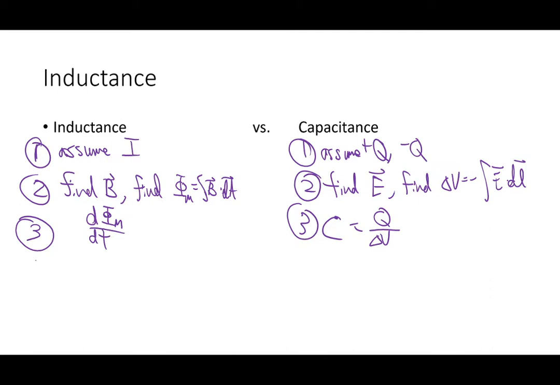And then finally, to get L, we relate the resulting potential and then divide out the di dt.